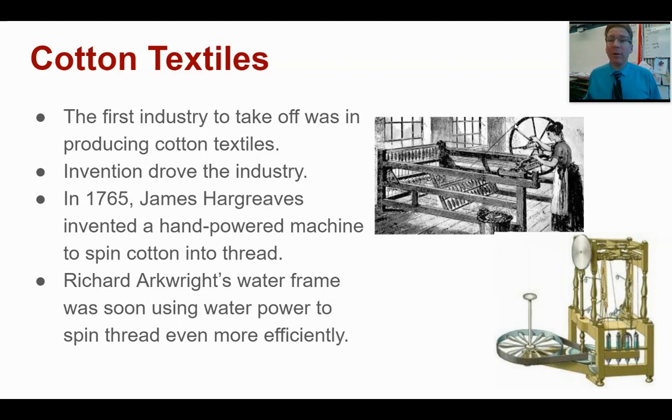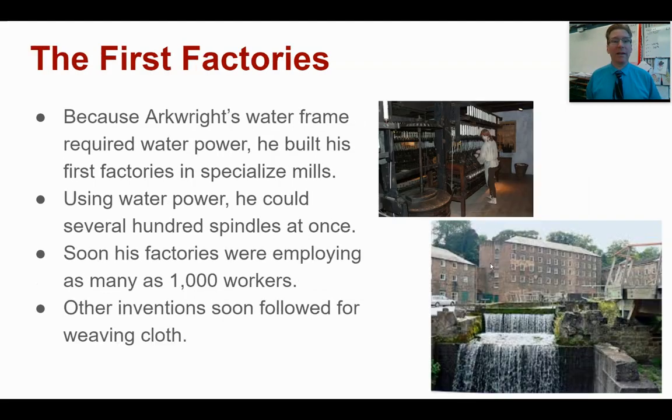Now, this one person can do a fair amount of work with this spinning jenny, but when Richard Arkwright uses a water frame and water power in mills, he's able to do even more work with a series of spinning jennies with fewer people tending the machines to make more and more thread even more efficiently.